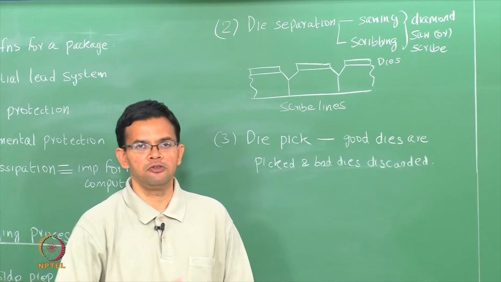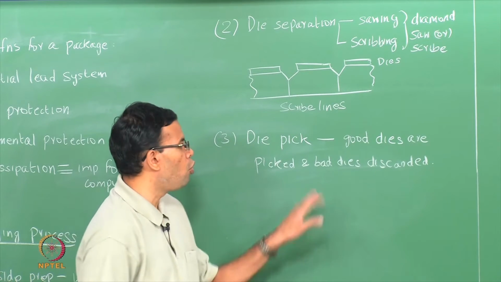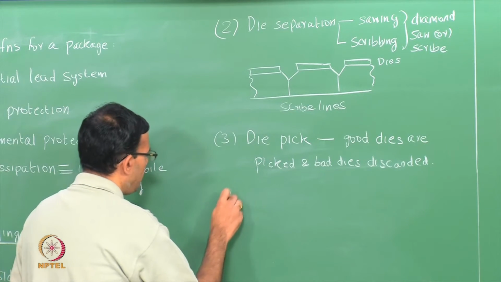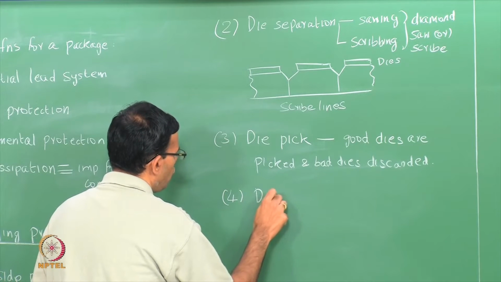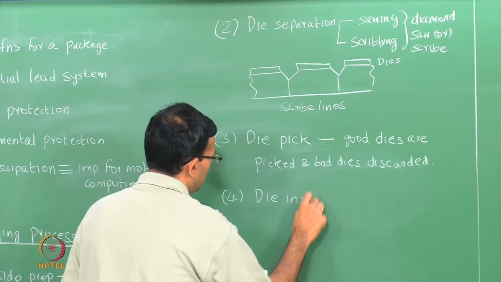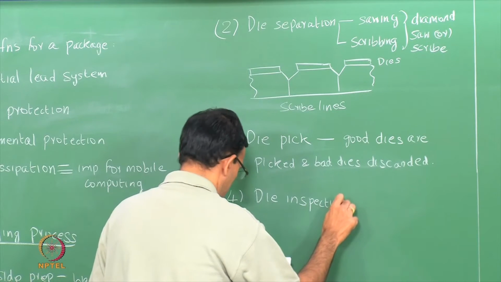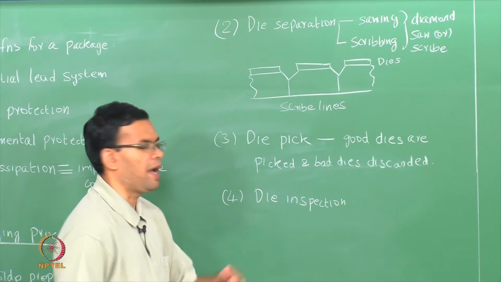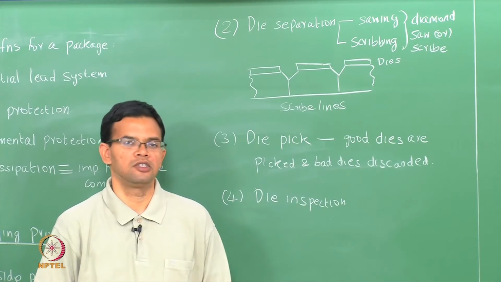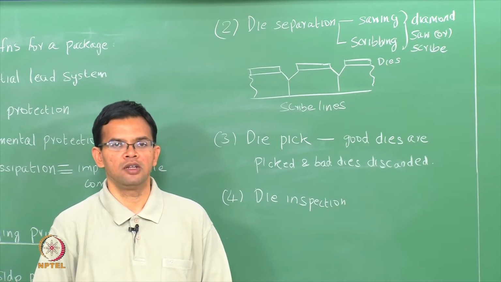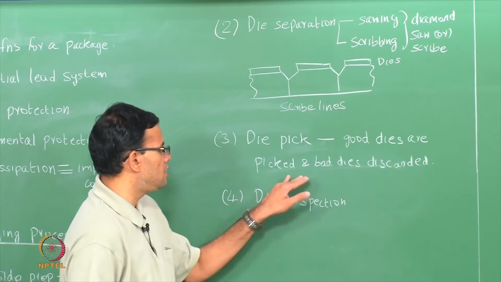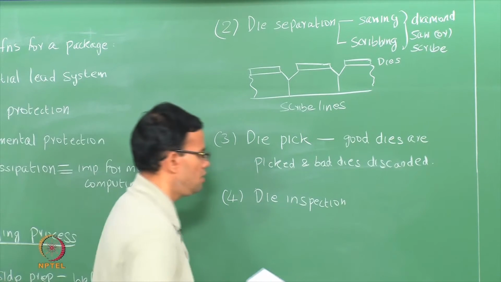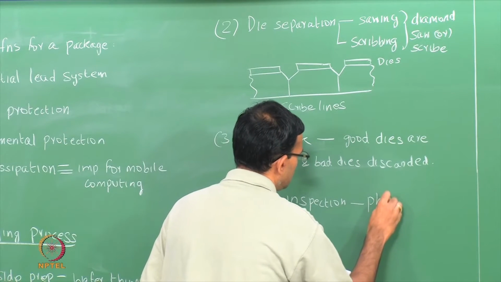This goes into the yield of the process. The more good dies we have, the higher is the yield. Then we have die inspection. This is more of a physical inspection to check for any cracks or defects, because during the packaging process there will be further stresses on the dies. So, we want to make sure the dies do not fail. These dies are those that have passed the pick process. So, they have passed electrical inspection, but this is essentially a physical inspection.